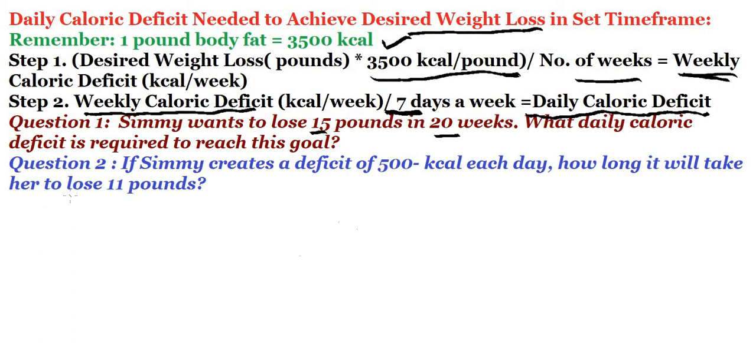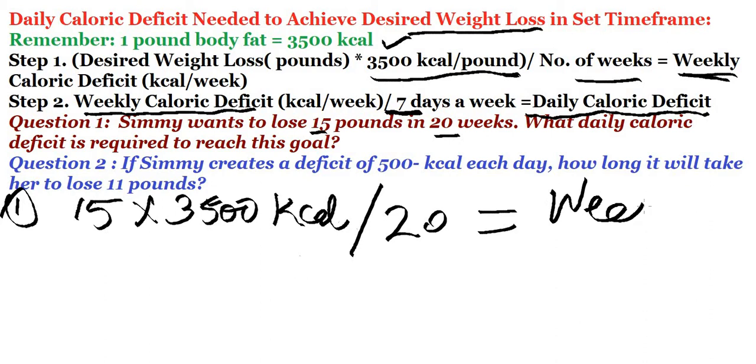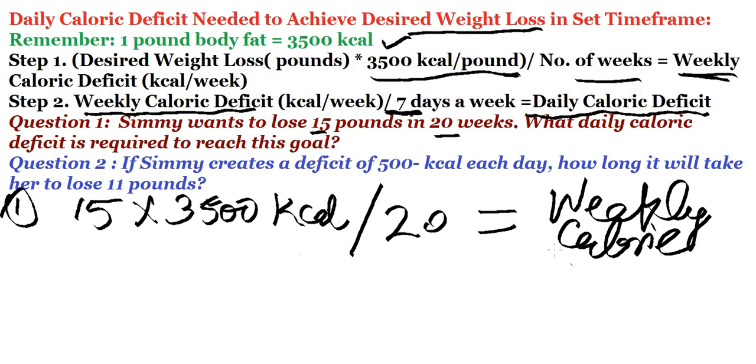As per step 1, 15 pounds multiplied by 3500 calories, divided by number of weeks. How many weeks are there? 20 weeks. So here I will get my weekly calorie deficit.